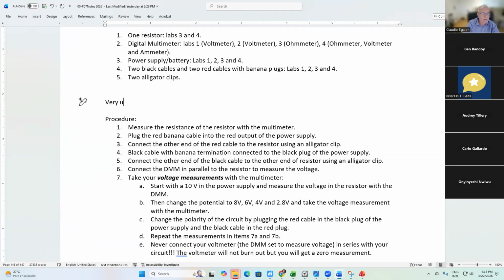Very important difference between the voltmeter and the ammeter. The voltmeter is connected in parallel to the elements of the circuit. Okay, so here you go.